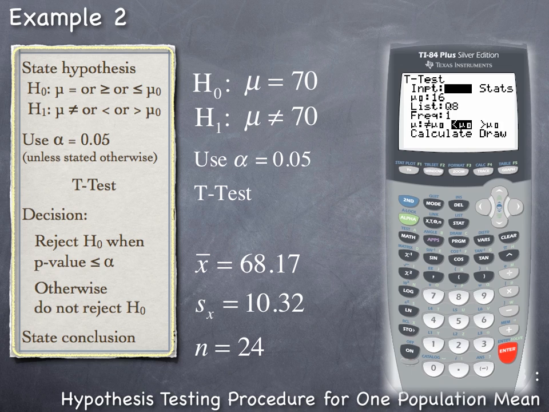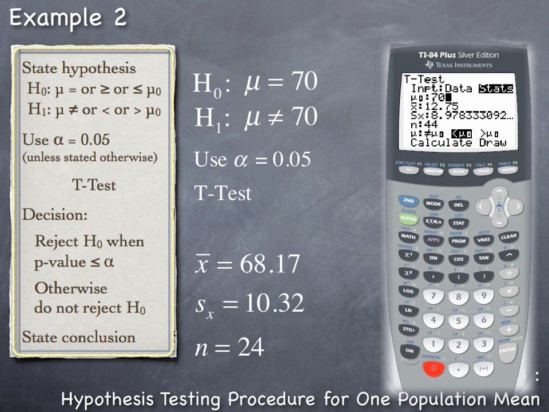Since we have the sample statistics, we need to arrow the input cursor over to stats and press enter to select stats. Down arrow. mu0 is the actual numerical value that shows up in the hypothesis. In this case, it's the 70 beats per minute. Enter. X bar equals the 68.17 beats per minute.